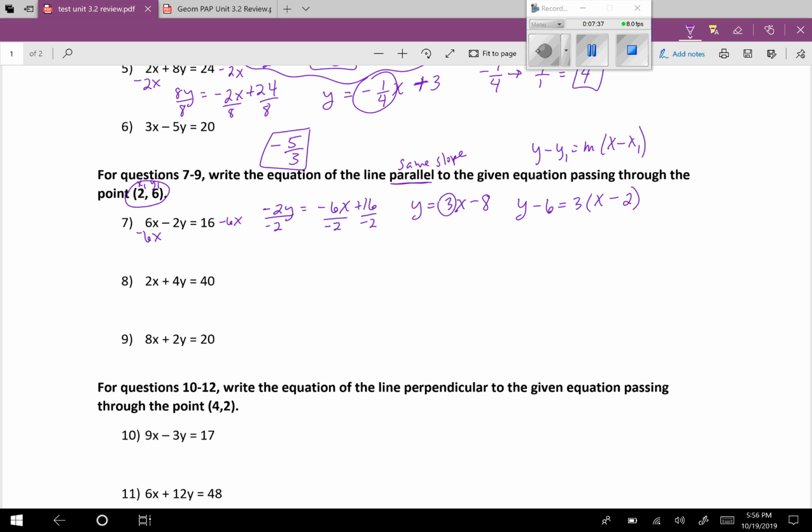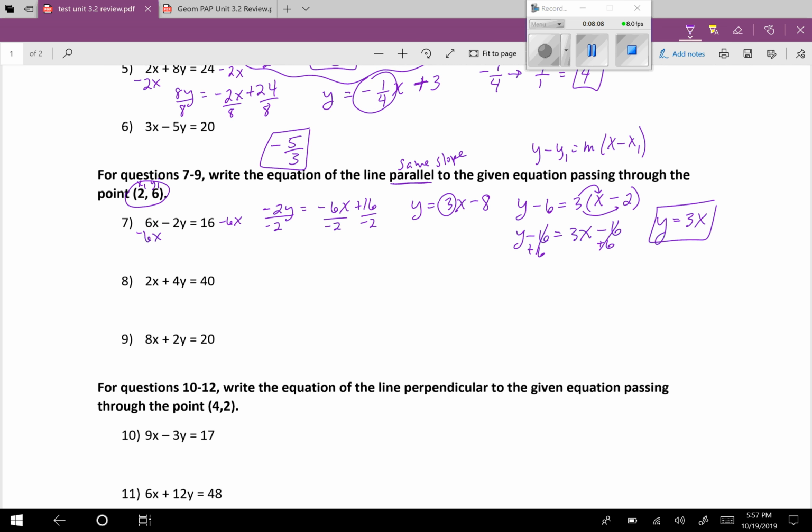So we have y minus 6 equals 3x minus 6, because all I did was distribute this 3 in here. And then now my last step is to do plus 6 and plus 6. So I'll end up with y equals, and see this minus 6 and plus 6, those cancel. Same thing over here actually, it ended up canceling out. So we just are left with 3x. So y is equal to 3x.